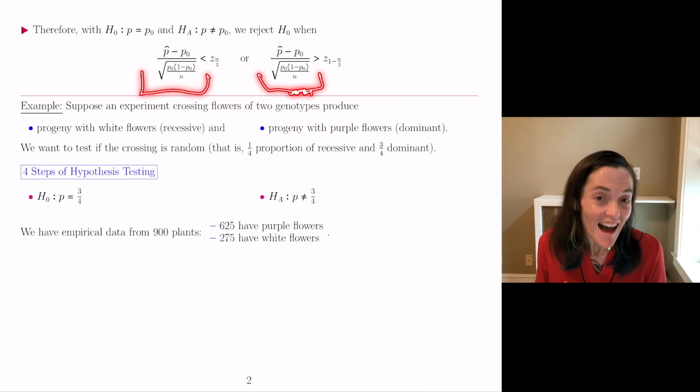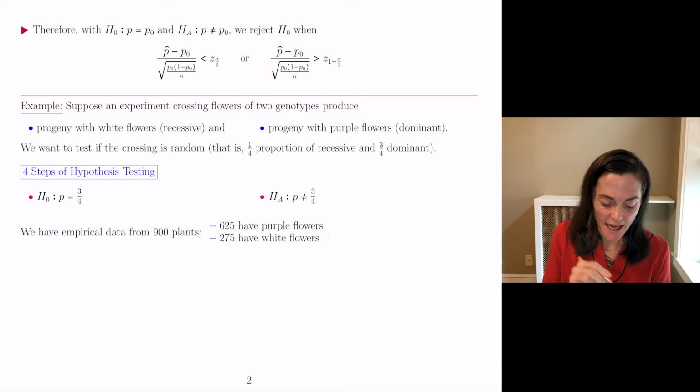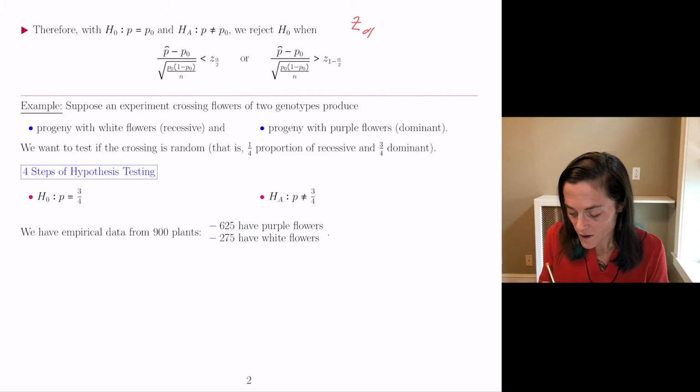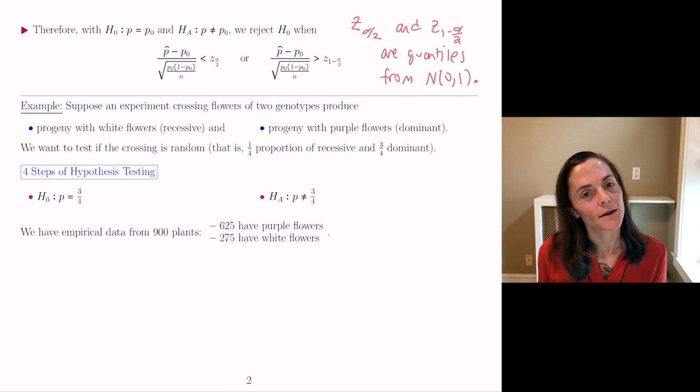This would be with the alpha level significance test. So maybe I'll write that: z sub alpha over 2 and z sub 1 minus alpha over 2. These are our quantiles.